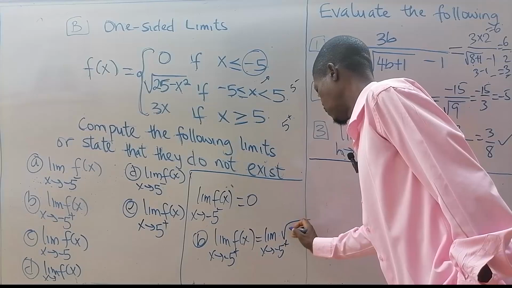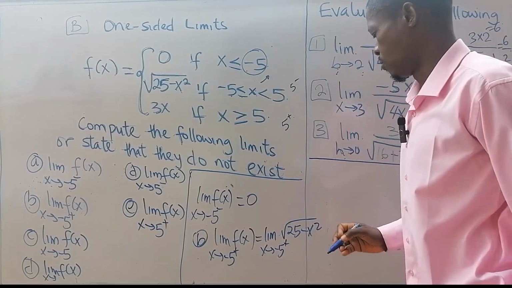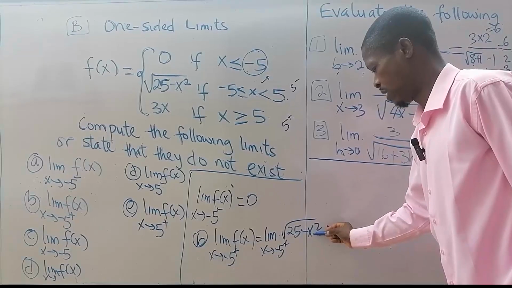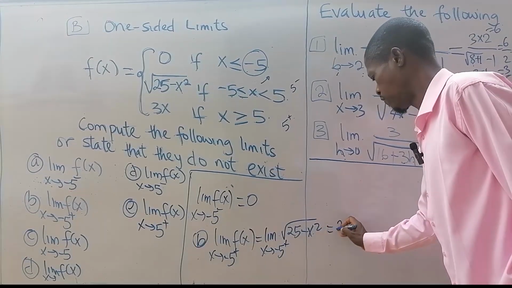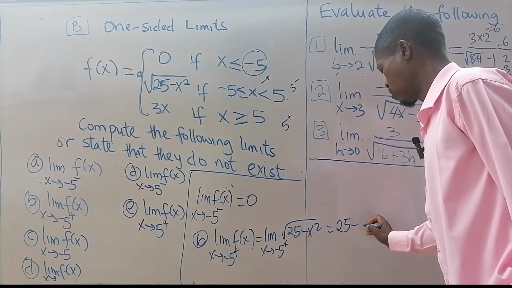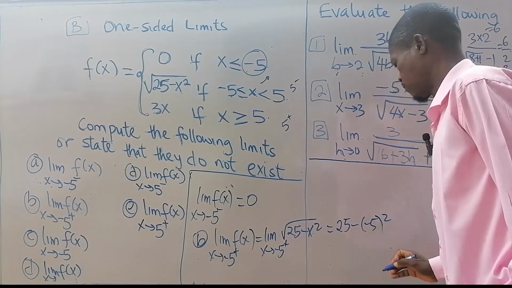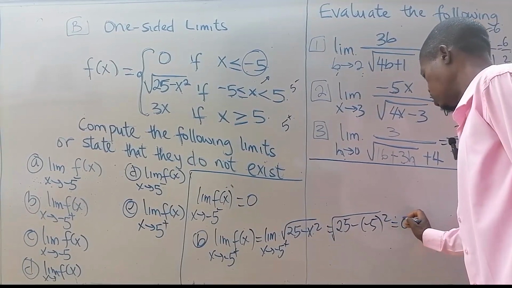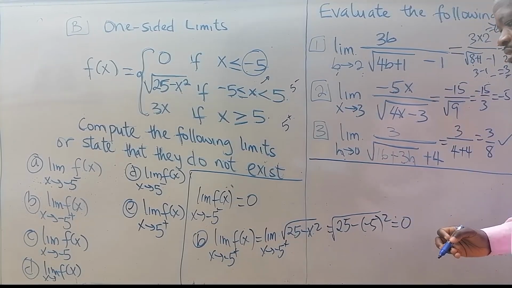So we have this. Then you can substitute your minus 5. So that will be equal to what? This one, minus 5 squared. So we have 25 minus 5 squared. It's also what? By the time you square, it's also 0. It's also 0 for the b part.